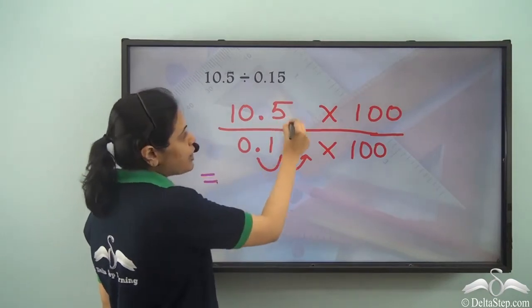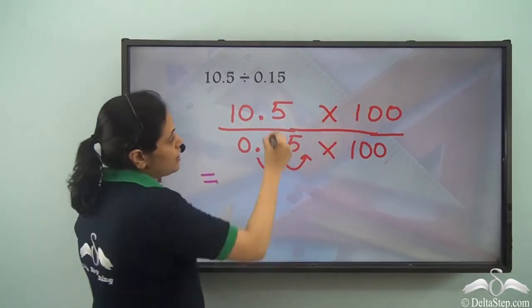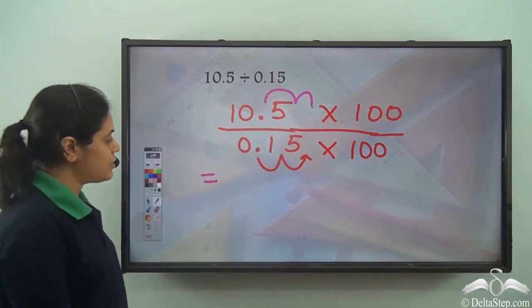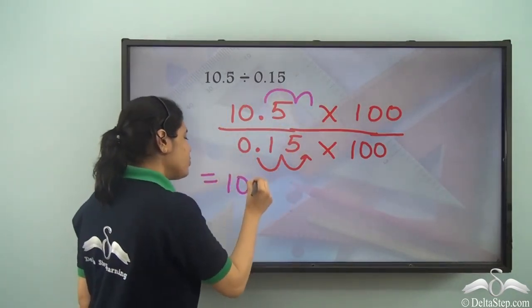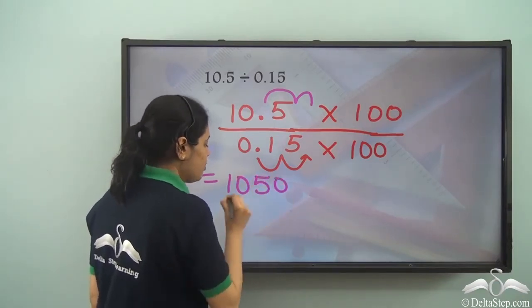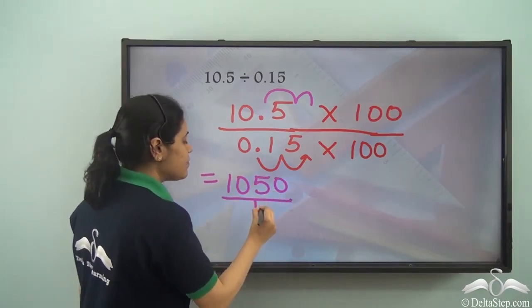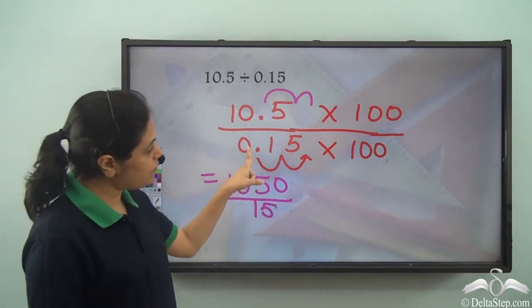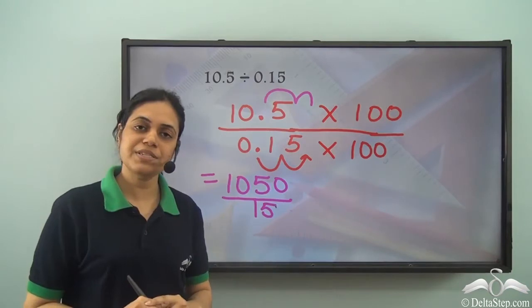So I have 10.5 into 100. Now this decimal point will shift to the right by 2 places. So I'll have 1050 divided by 15, because the decimal point will shift to the right by 2 places.